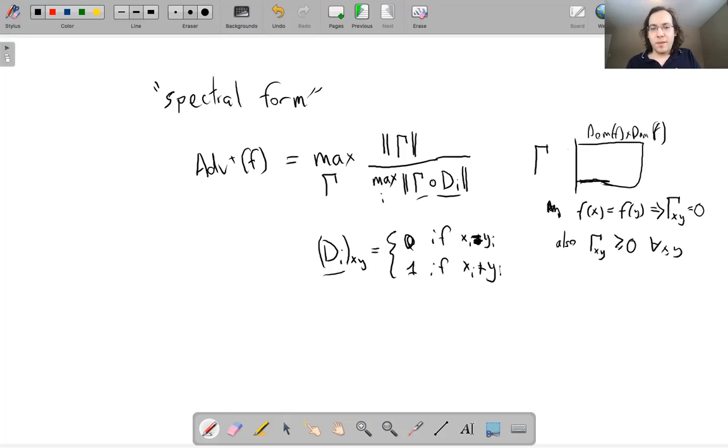Okay, so basically if gamma represents the graph G, then this matrix here will represent the graph Gi.